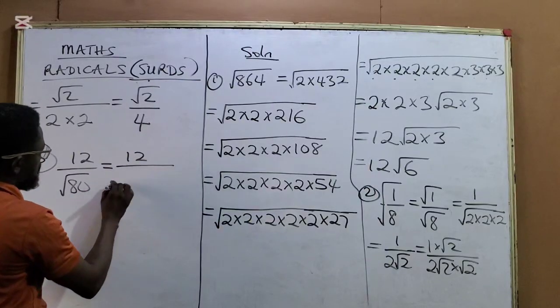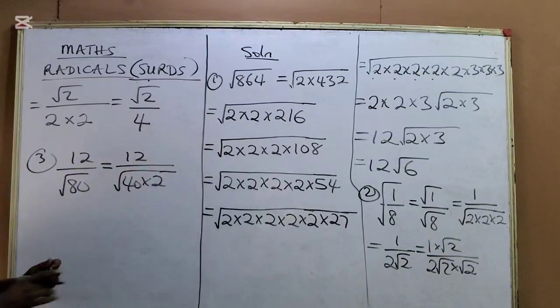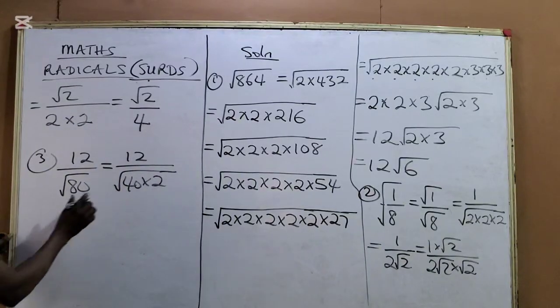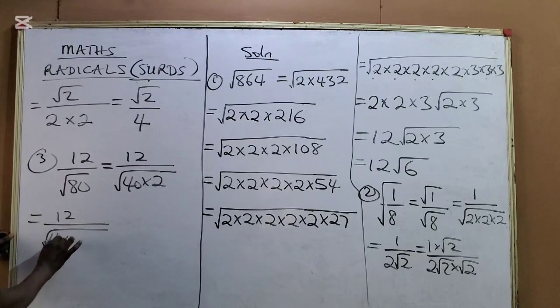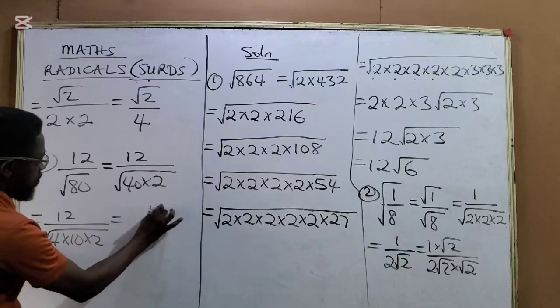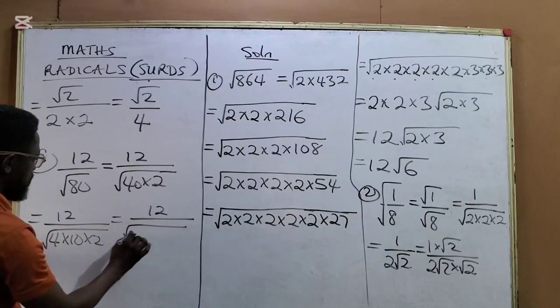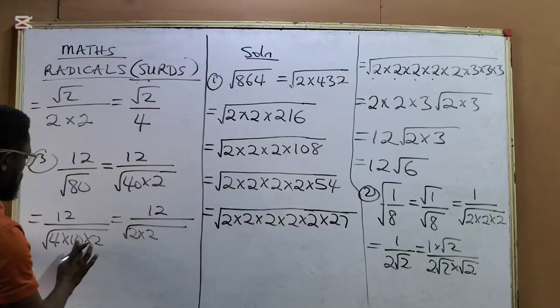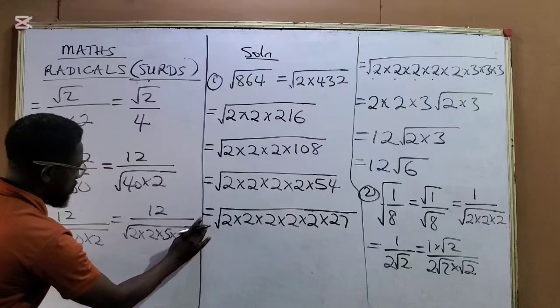Root 80 is root of 40 times 2. And 40 is the same thing as 4 times 10, and 10 is 5 times 2. Then we are left with the other 2 there.